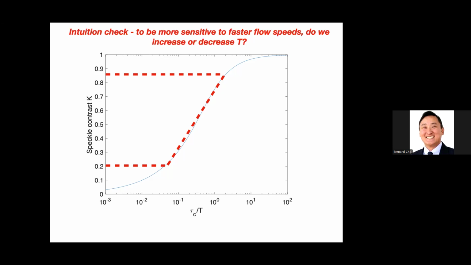Okay. Going with this logic, if we want to be sensitive to faster flow speeds, do we want to increase or decrease the exposure time? Decrease. Why?